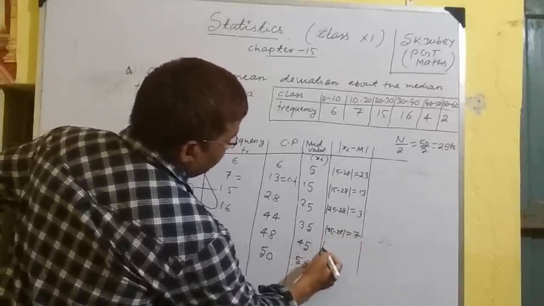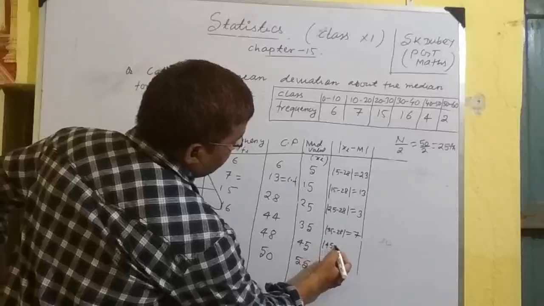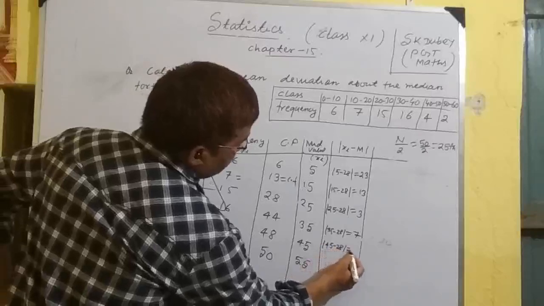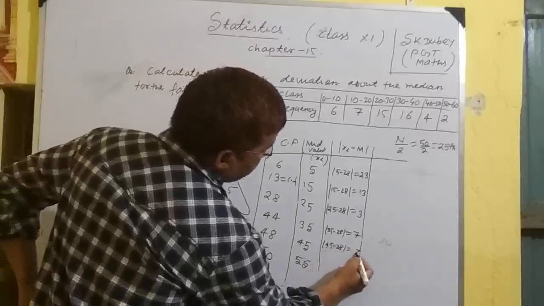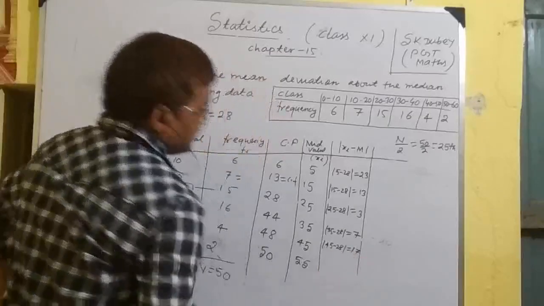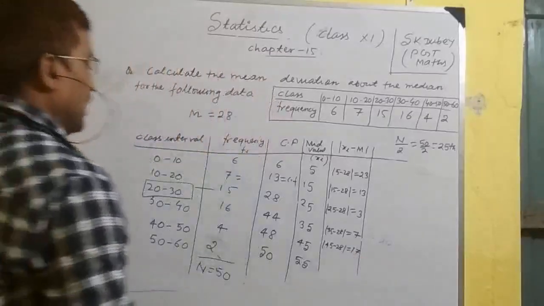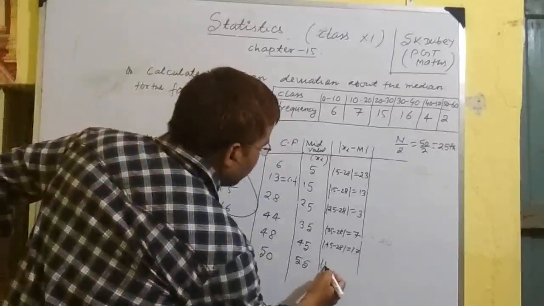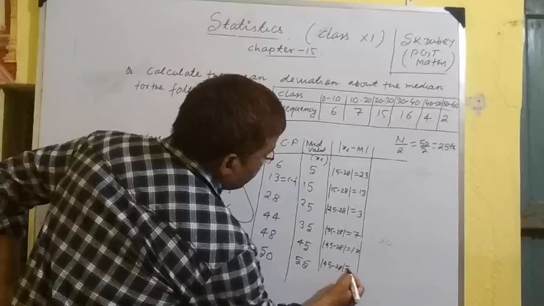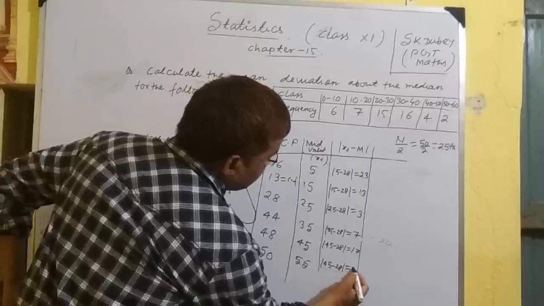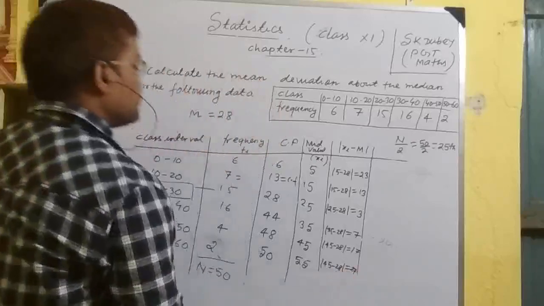This is 45 minus 28, its value is 17. And this is 55 minus 28, and its value is 27.